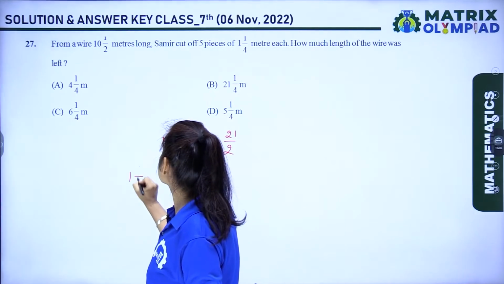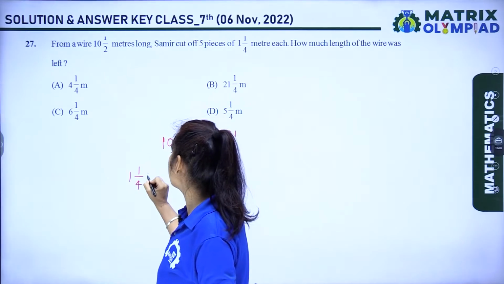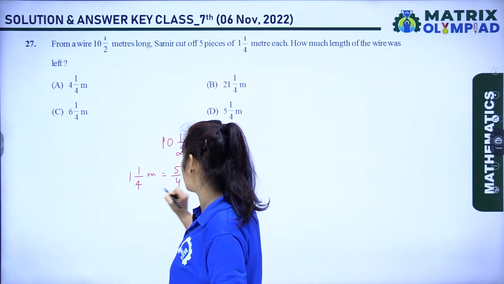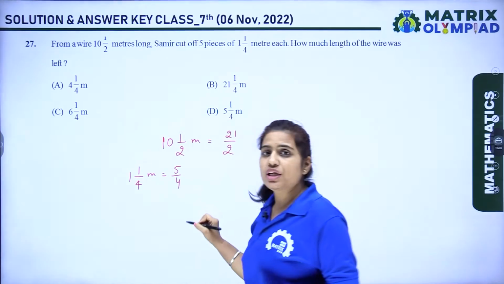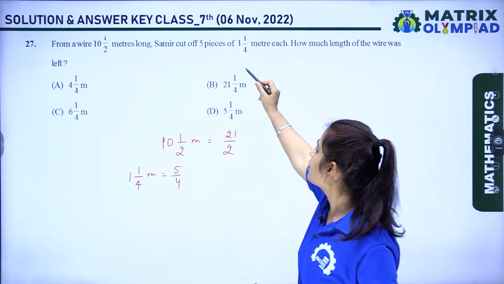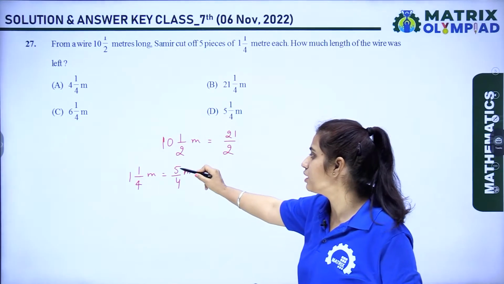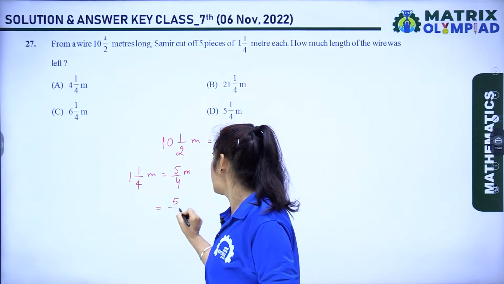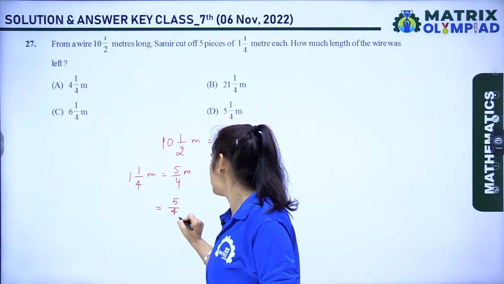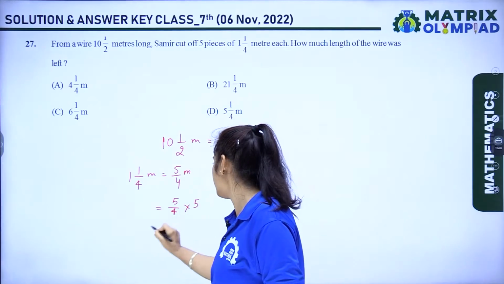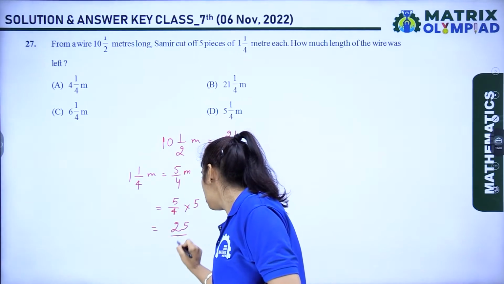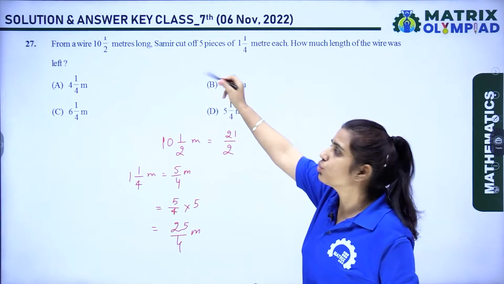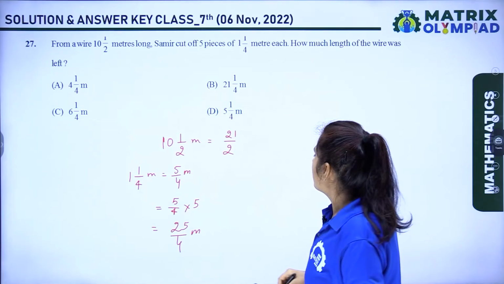One piece is of 1 upon 4 meter. It means this 5 upon 4. And Sameer cut 5 pieces of this same meter, that is 5 upon 4. So the total length he cut is 5 upon 4 multiplied by 5, that is 25 by 4 meter, which is cut from the total length of the wire.